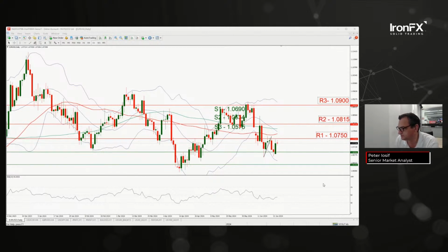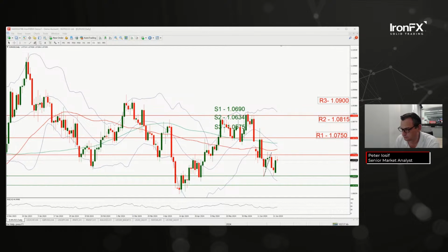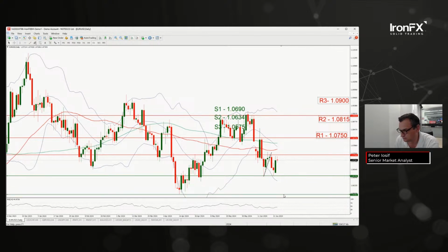Let's see the support lines. Adjusting the S2 at 1.06, and let's have a look for the S3.